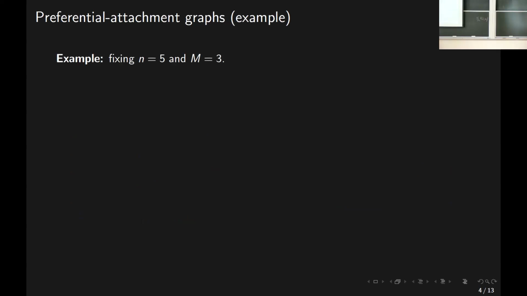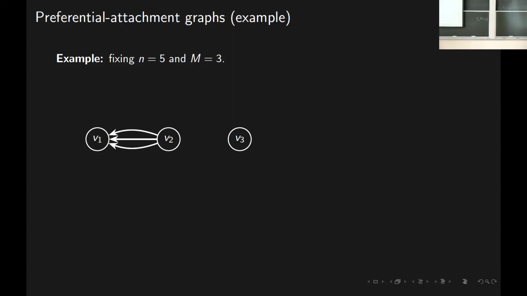Here's a quick example with n vertices. We have v1, v2. We don't really have a choice here; we have to direct all the edges from v2 to v1. For v3, we have two choices. v1 has a degree of 3, and the total degree of the graph so far is 6.